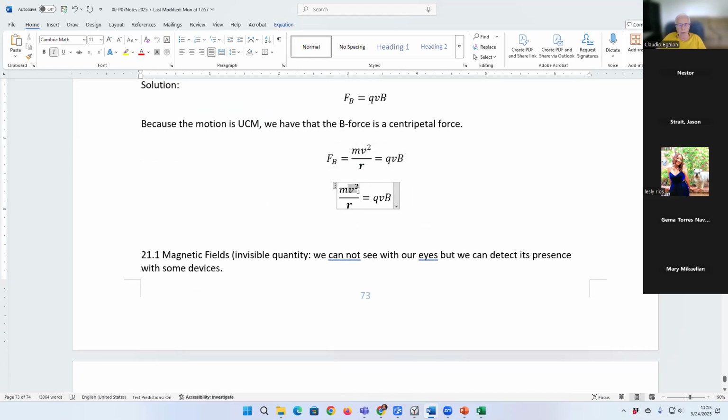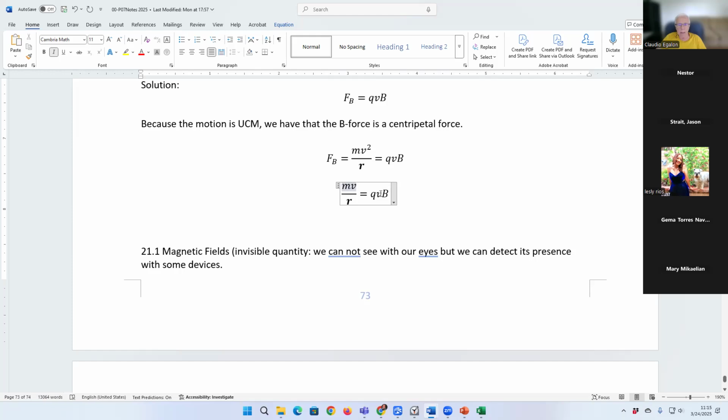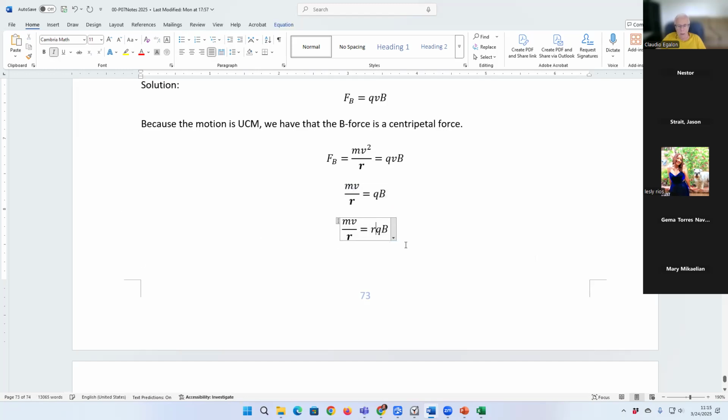V is going to cancel out with V. We can solve for r. QB goes to the other side, and that's the radius of the circular motion of the particle.